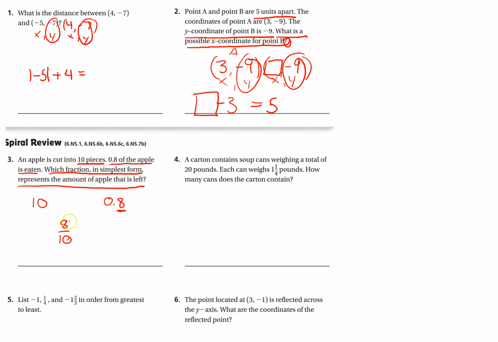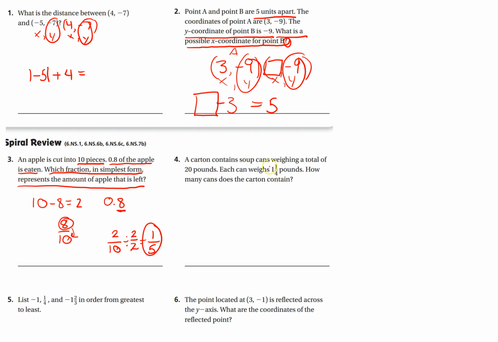If 8 of those 10 are eaten, that means we're taking away 8 slices. There's going to be 2 slices of the total 10, and then we need to simplify. So 1/5 would be the amount that is left.